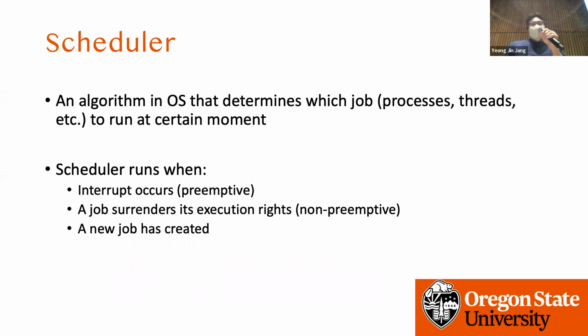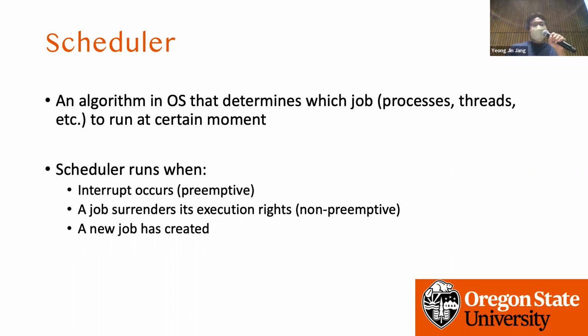I mentioned when the scheduler can take the right and choose which process to run. That could be whenever the timer interrupt happens, then the operating system gets the execution right, and it will schedule again.